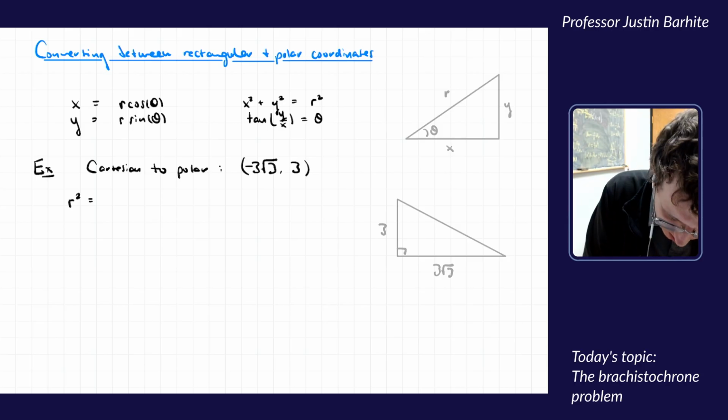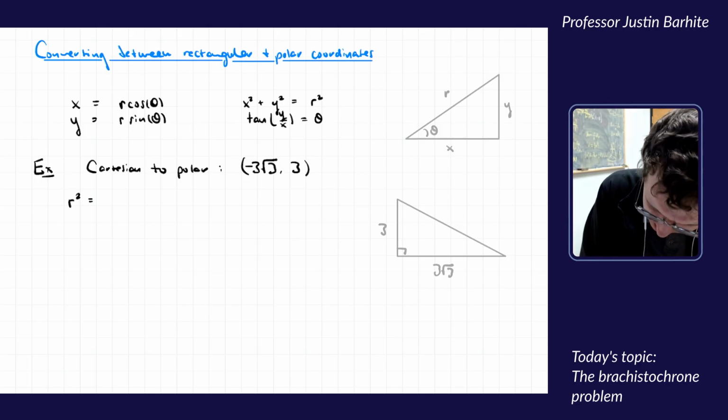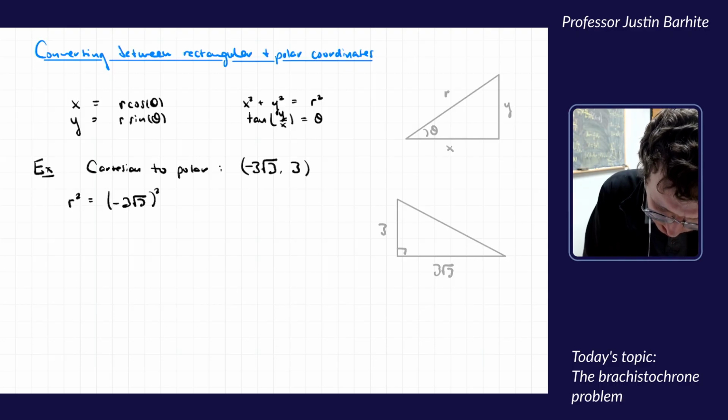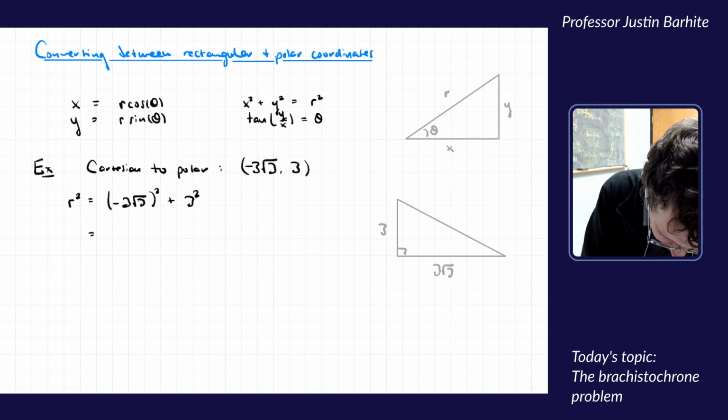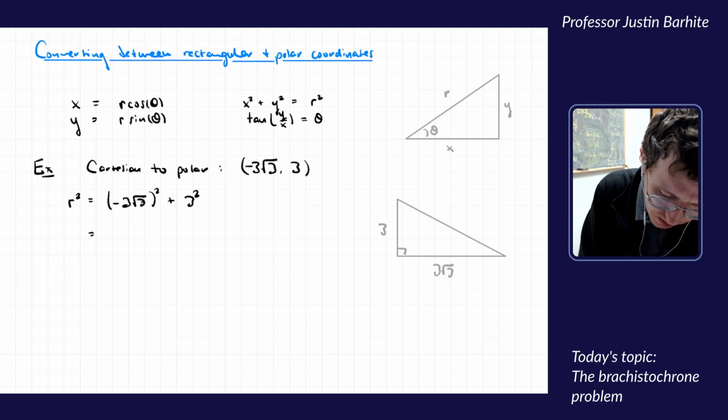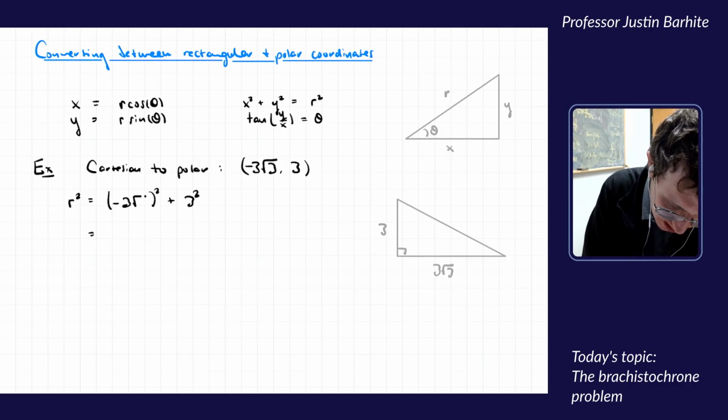Now r squared is still going to be x squared plus y squared, which is minus 3 root 3 squared plus 3 squared. 3 root 3 squared is 9 times 3.